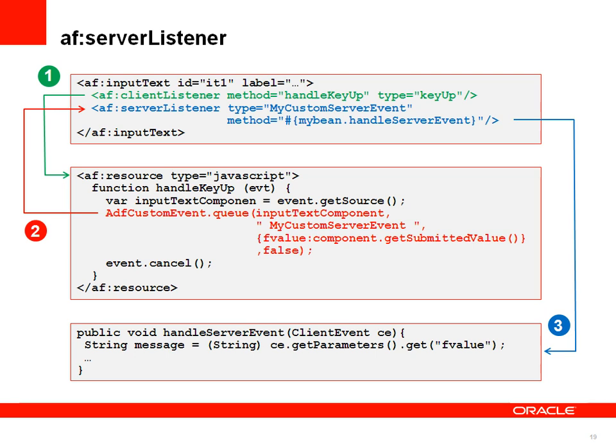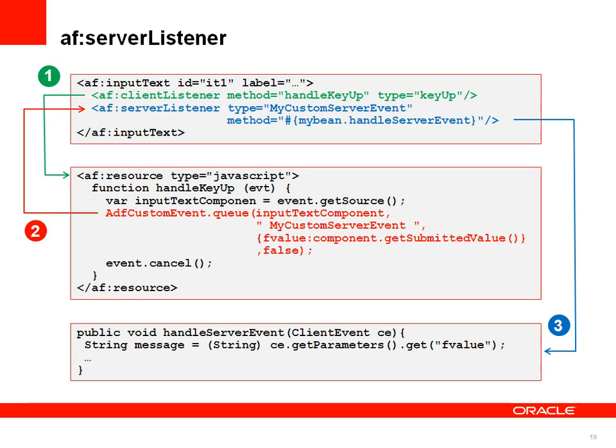And after that, event cancel is called. In fact this is a typo on the slides, by the way, because it should be EVT cancel, it shouldn't be event cancel. So EVT cancel would cancel the whole event so that the key up notification is not traveling to the server, because there's no need for that.